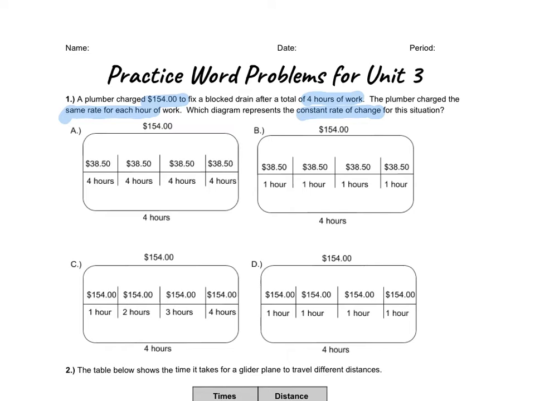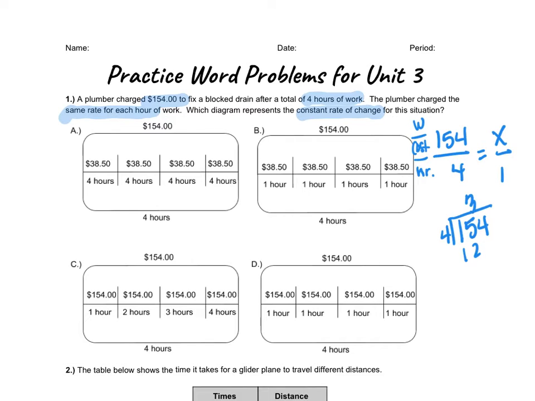Okay, so if you break this down, the wording says $154 for 4 hours. Our words would be cost per hour. How much for 1 hour? So if I solve that, I would figure out that 154 divided by 4 is, I got it.